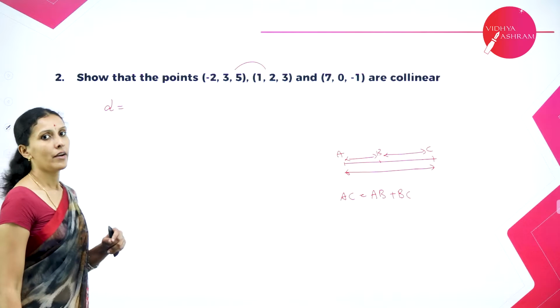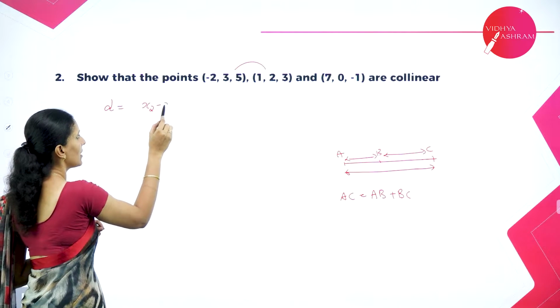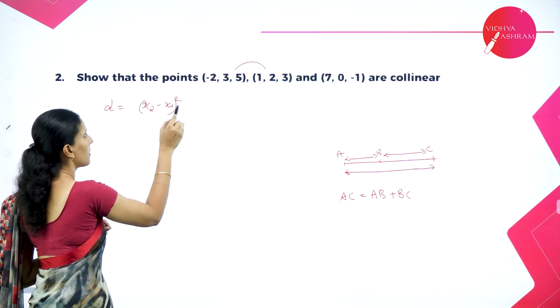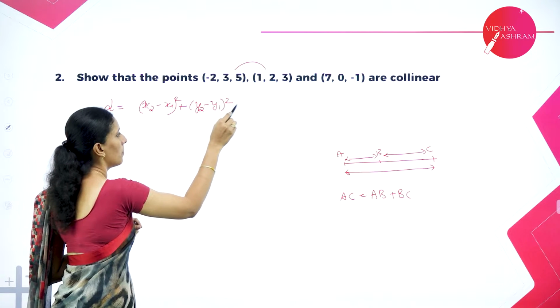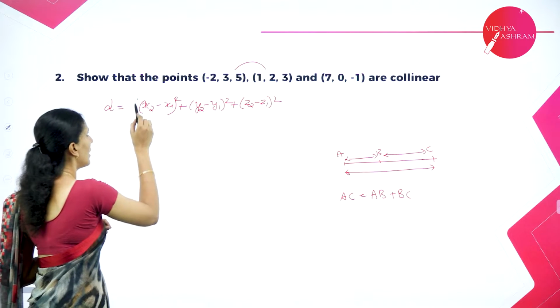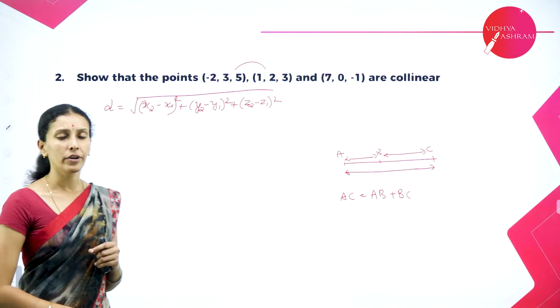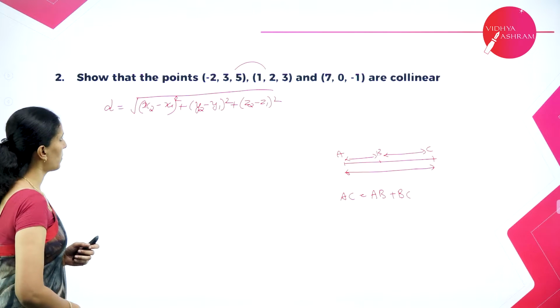So let me write the formula for our purpose. It is the square root of x2 minus x1 whole square plus y2 minus y1 whole square plus z2 minus z1 whole square. So let's take the first 2 points now.